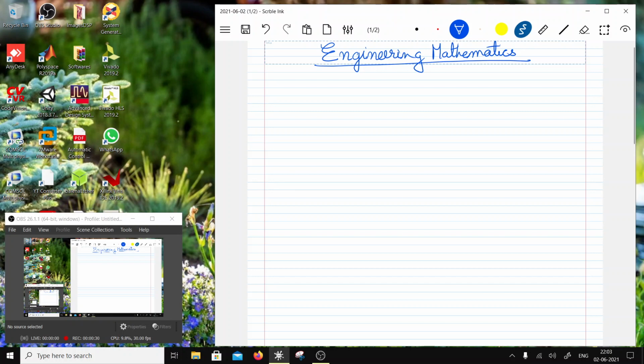Mathematics is going to be required in electronics, in communication, in control systems, and DSP, and various fields of electronics where you want to design something, you might need mathematics. So it's very important to have a firm footing on mathematics.